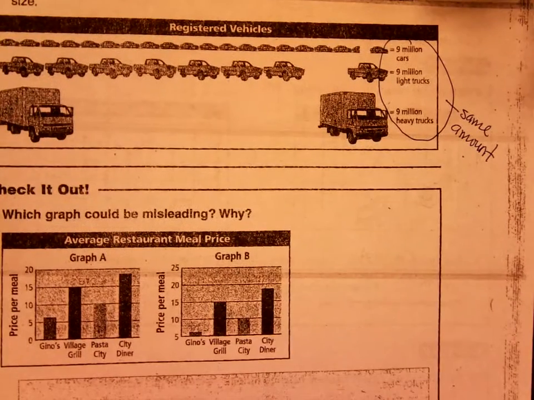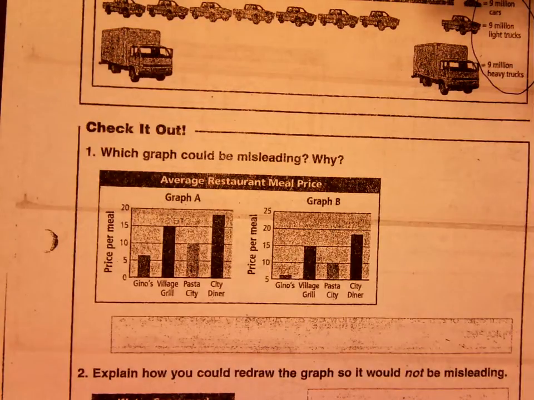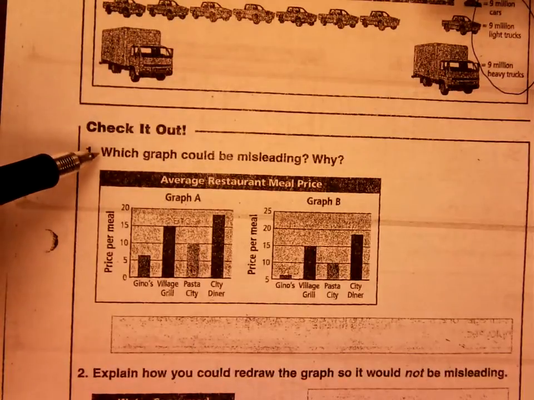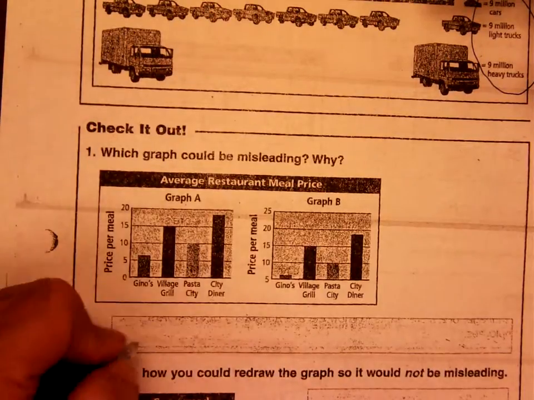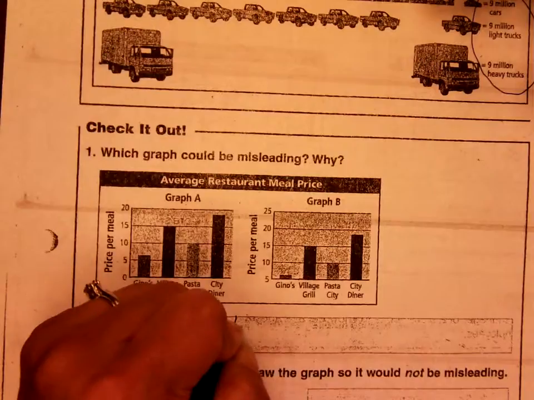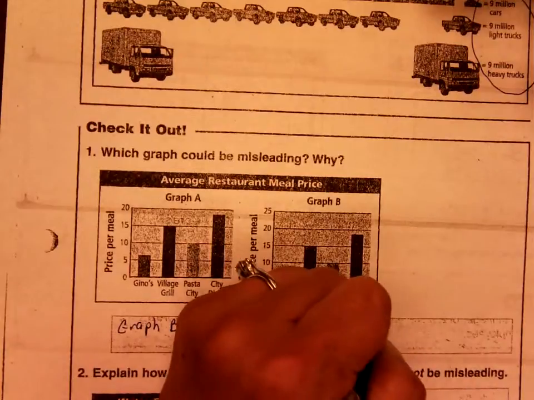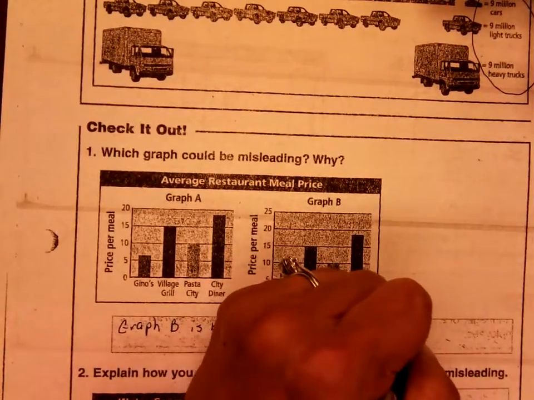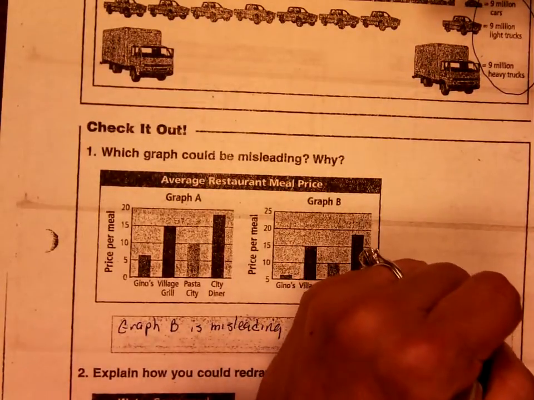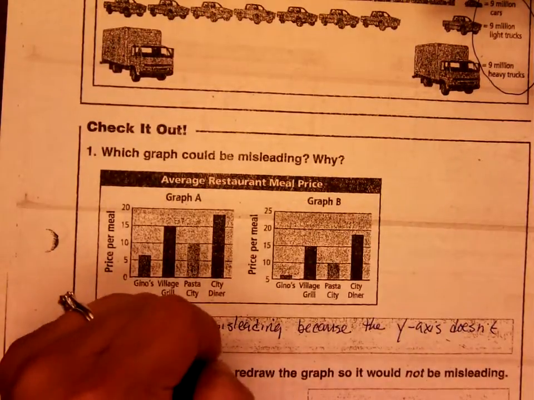Okay, so now let's have you try number 1 on your own, and then when you're done, you can go ahead and push play. It says, which graph could be misleading and why? Well, you should have chosen graph B is misleading because the y-axis does not start at 0.